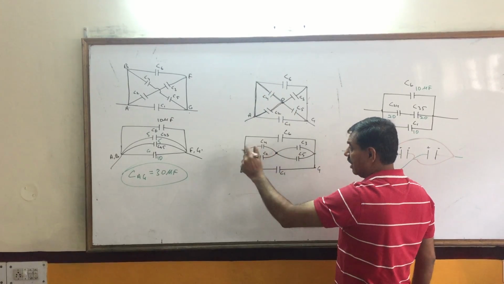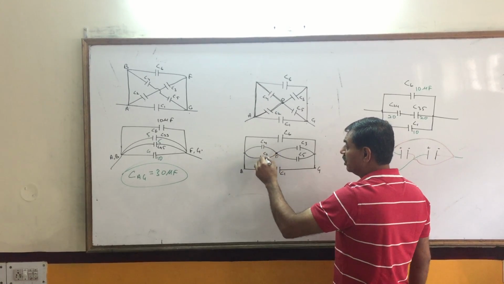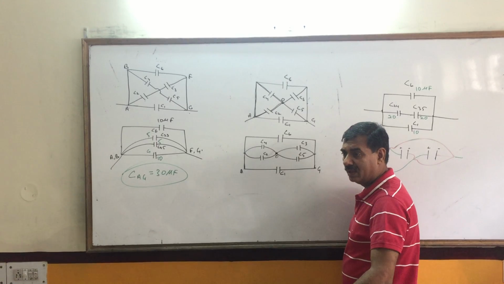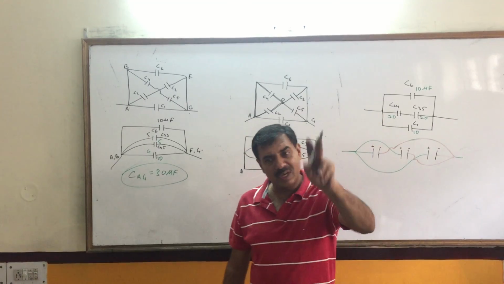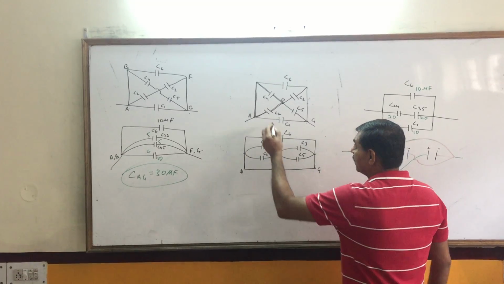Between A and O, C4 and C2 are in parallel. Whether I draw the wire like this or stretched out, it should not make a difference here. And that is the entire catch.